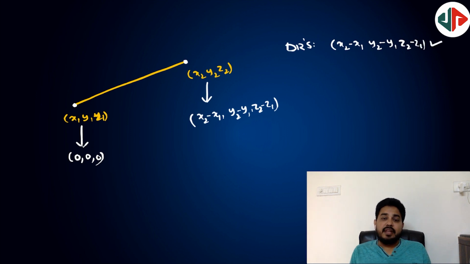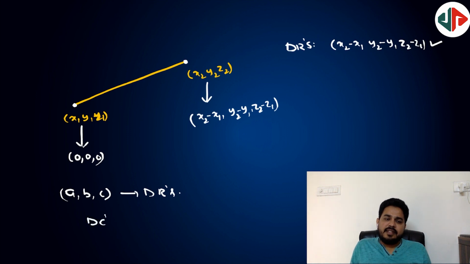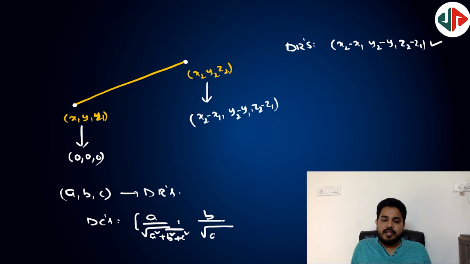Yes. Now, what are the DCs? See, if A, B, C are DRs, DCs will be simply A by root over A square plus B square plus C square, comma B by root over A square plus B square plus C square, comma C by root over A square plus B square plus C square.